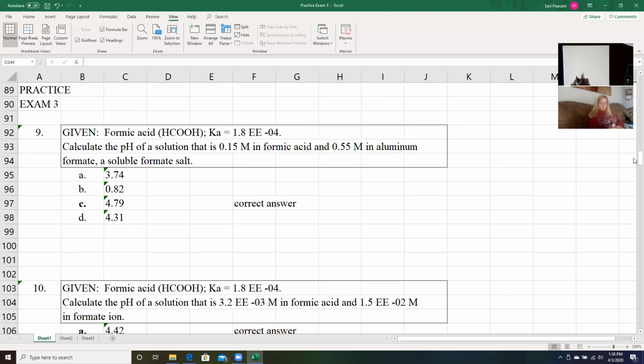Okay, formic acid. Calculate the pH of the solution that's 0.15 molar in formic acid and 0.55 molar in ammonium formate. That's going to be a buffer. And the pH of a buffer is equal to the pKa plus the log of the anion concentration over the acid concentration.